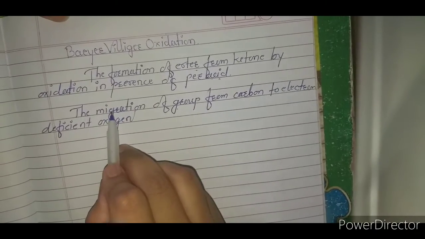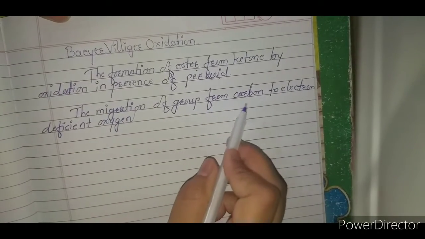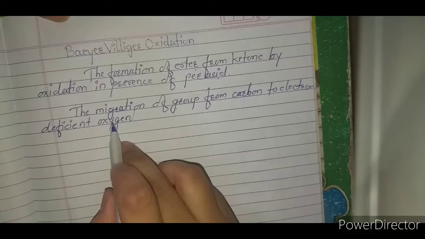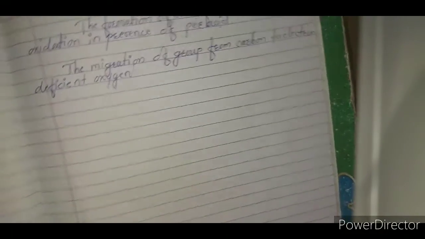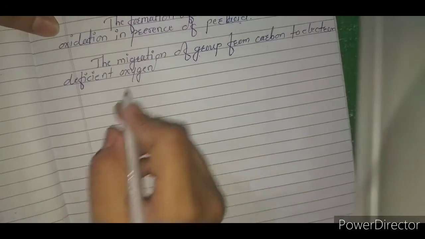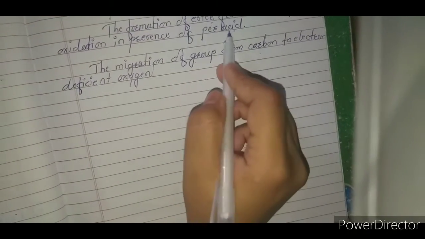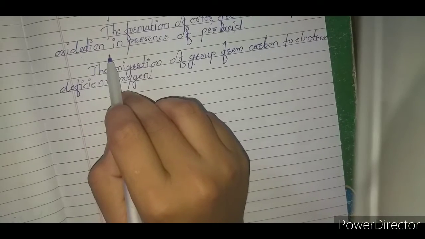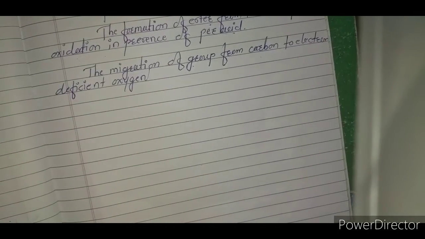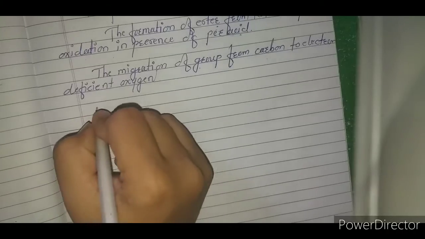What happened in this reaction? The migration of group from carbon to electron deficient oxygen. Okay. The per acid is used for oxidation in this reaction.